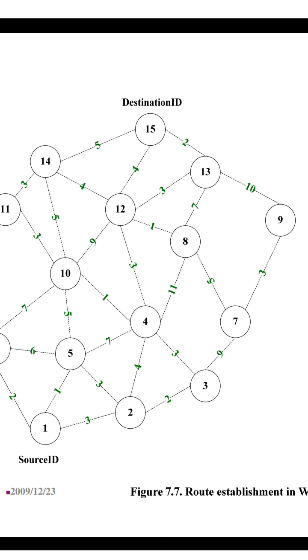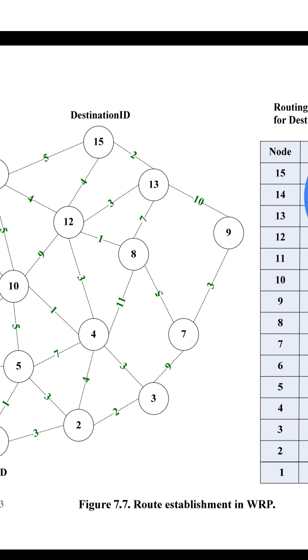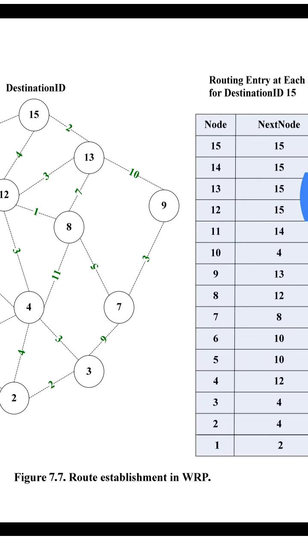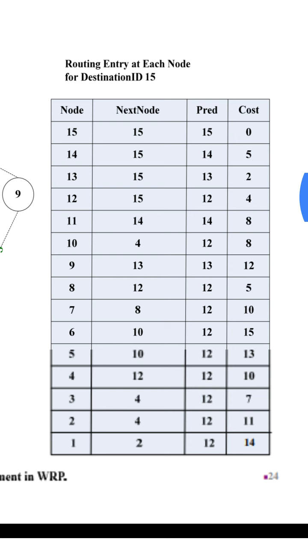Suppose here node 1 is the source node and the destination node is 15. For the destination node we maintain this type of tabular information, which consists of node, next node, predecessor, and cost.